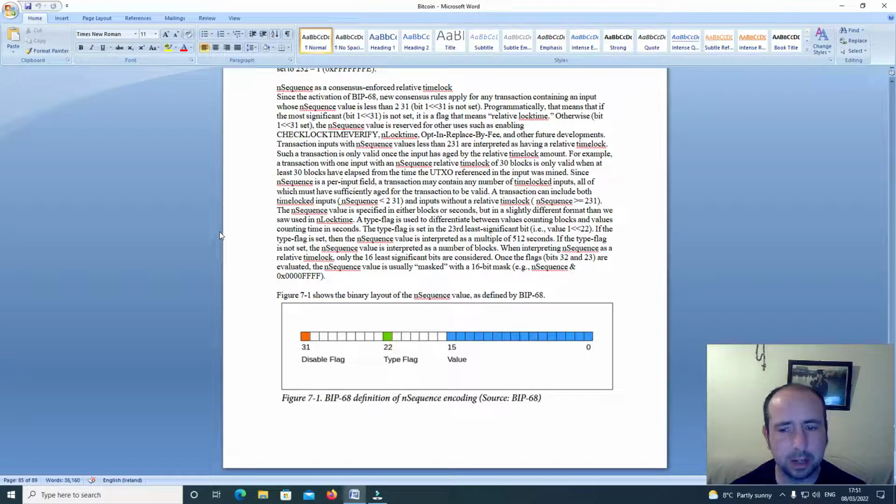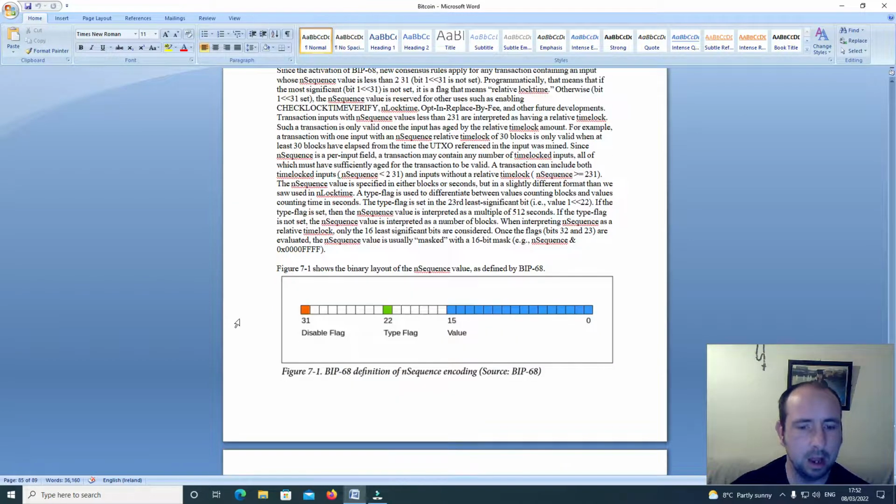When interpreting nSequence as a relative time lock, only the 16 least significant bits are considered. Once the flag bits 32 and 23 are evaluated, the nSequence value is usually masked with a 16-bit mask, e.g., nSequence & 0x0000FFFF.